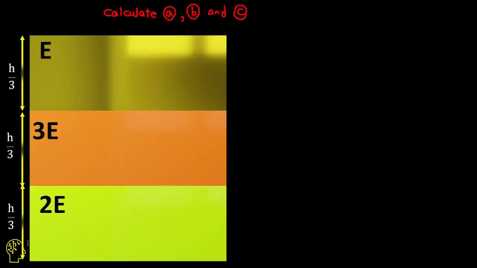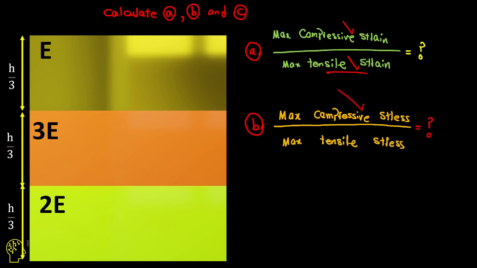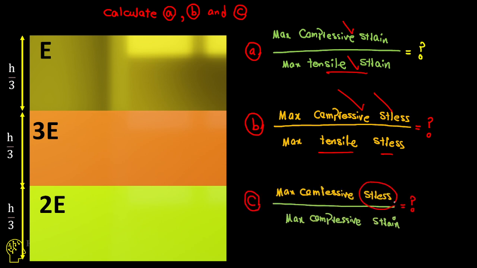We want to calculate, in part A, the ratio of maximum compressive strain to maximum tensile strain; in part B, the ratio of maximum compressive stress to maximum tensile stress; and in part C, the ratio of maximum compressive stress to maximum tensile strain. Let's see how we can approach this problem.